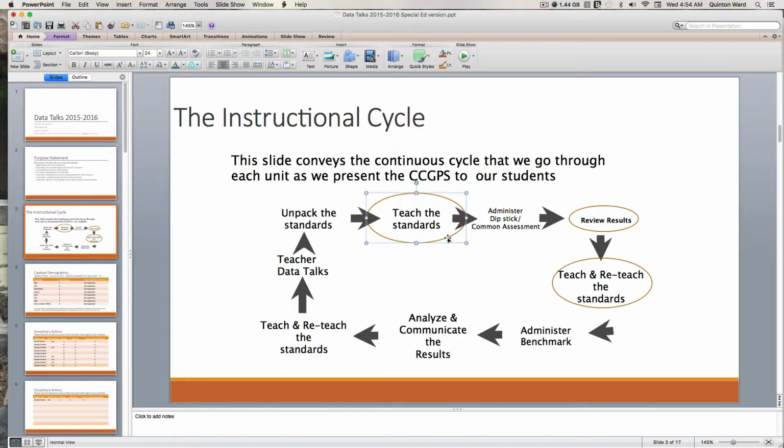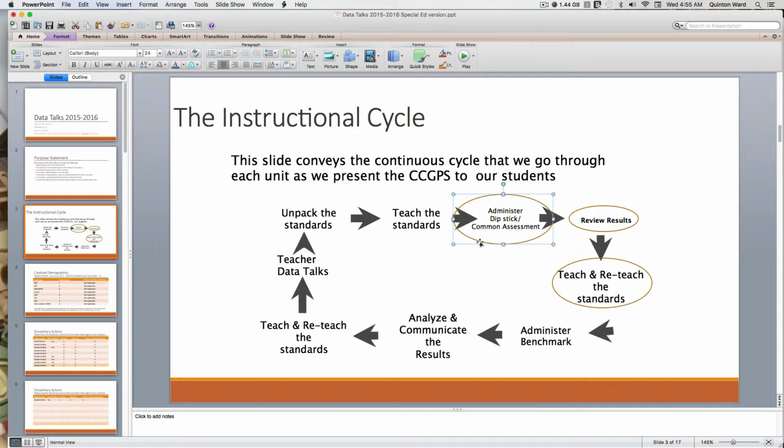We teach so far into the unit, and then at the natural pause of the unit, we administer a common assessment. That's just to determine whether or not the students are understanding. Typically, a quiz is given before a test. Well, in like manner, a common assessment is given before a post-assessment or a benchmark.